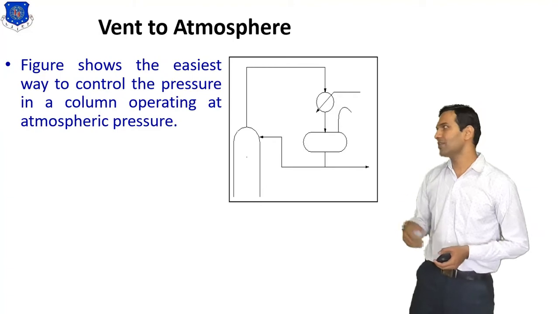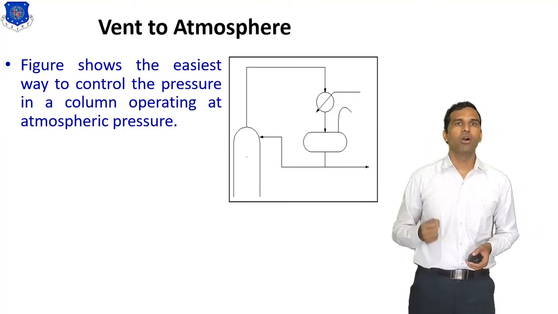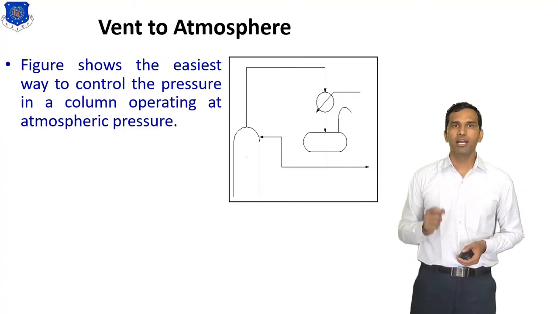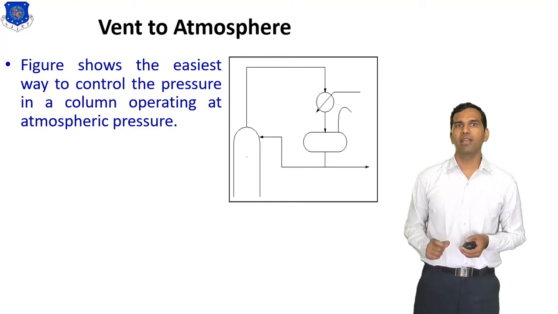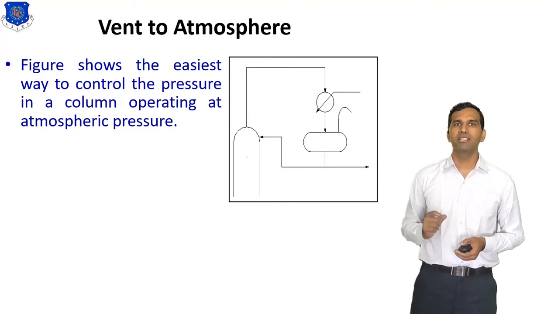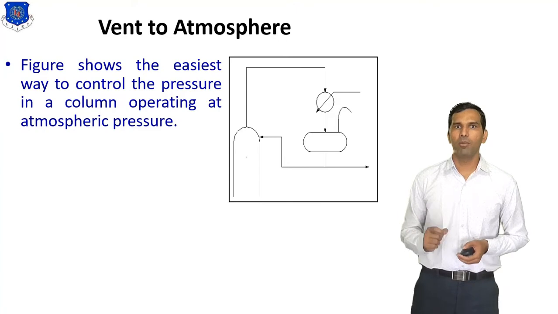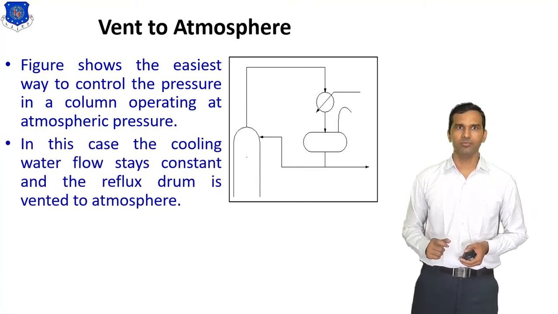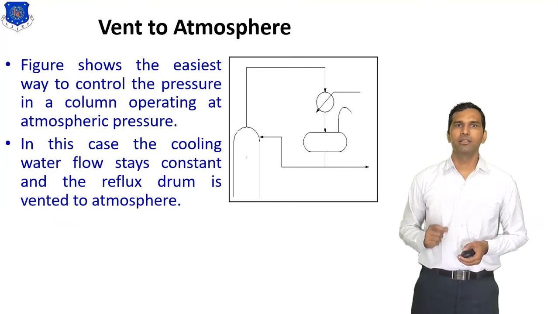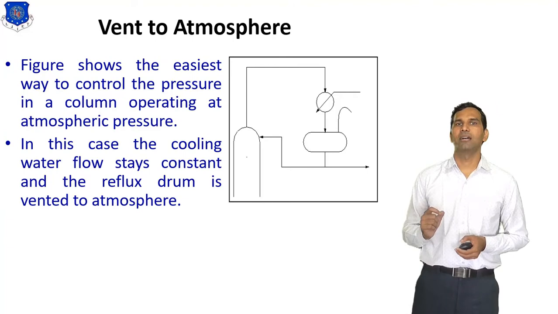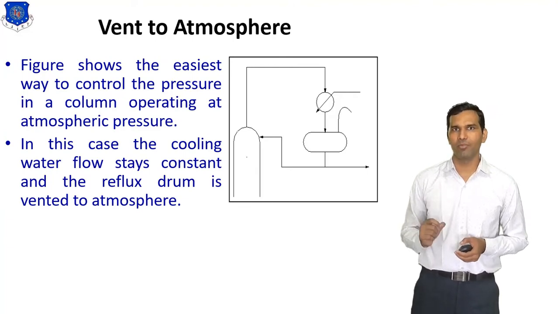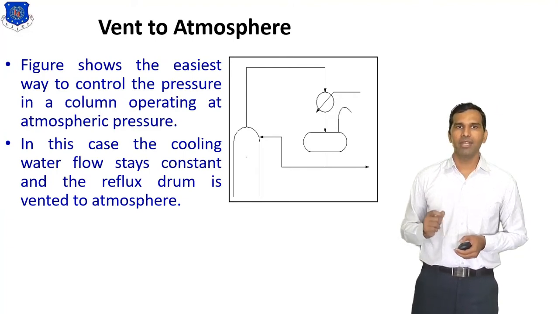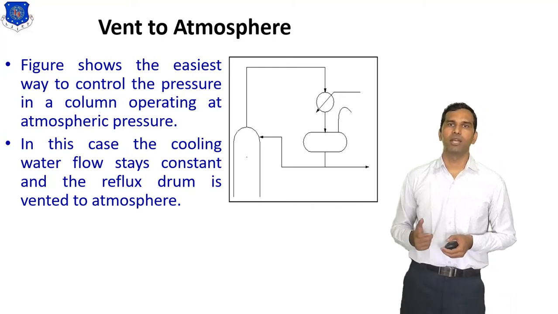Here you can see the diagram of this scheme. The figure shows the easiest way to control the pressure in a column operating at atmospheric pressure. In this case, the cooling water flow stays constant and the reflux drum is vented to the atmosphere.